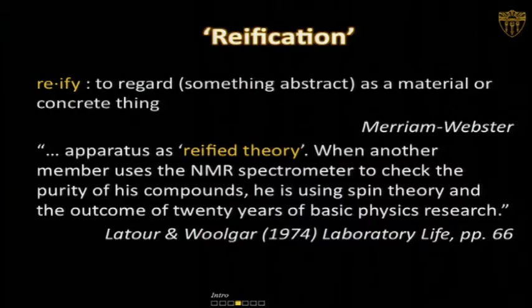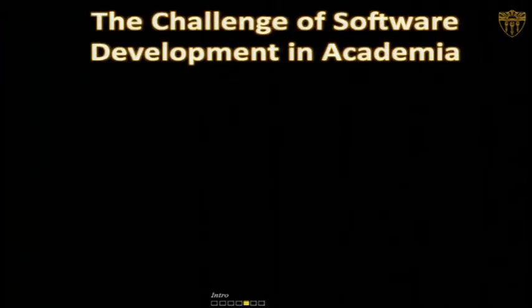So the example he uses is NMR spectrometry as a way of distilling 20 years of physics knowledge into a machine that can be used to do something effective and useful. So we need to think about how software actually is a process of reification that takes all of this wonderful research in mathematics and computer science and natural language processing and linguistics and such like, and can turn it into a real thing that we can then use. And of course, the vehicle for this is software.